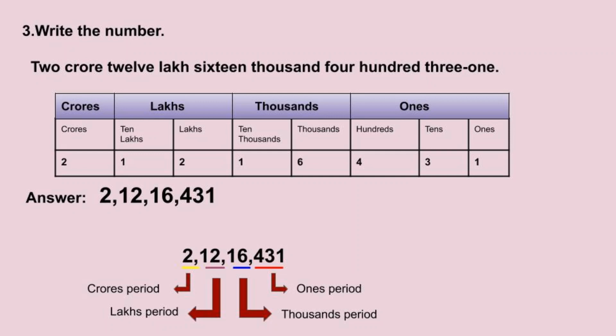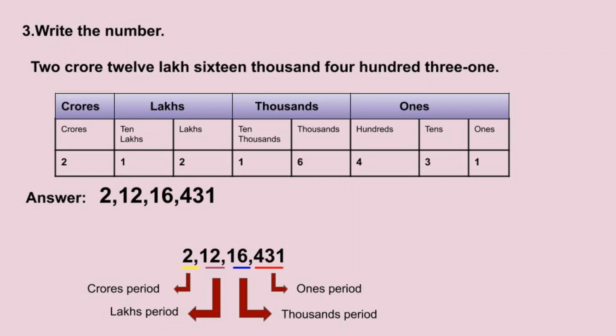Next example, write the number. Question is 2 crore 12 lakh 16,431. Represent the number in place value chart. Start representing from the highest place value. Here, crore is the highest place value. So, start representing from that. 2 crore, so represent 2 in crores place. 12 lakhs: 1 in 10 lakhs, 2 in lakhs place.